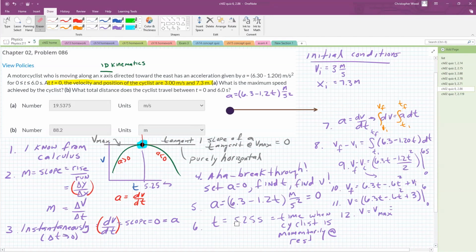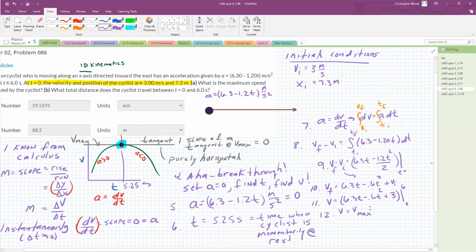So acceleration, V max, 5 is good. 6 is good. 7 is good. 8 is good. 9, I'm not evaluating this across that interval. Here's the change I need to make. I'm evaluating this at t equals 5.25, because I just kind of jogged myself into sanity.